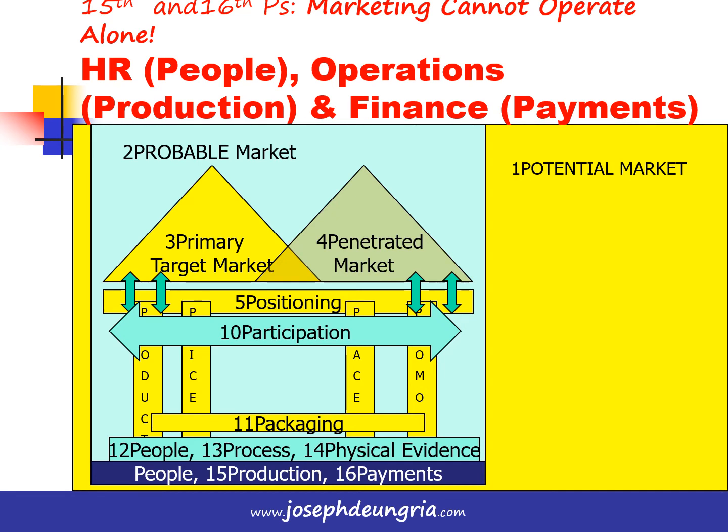Why? Production, operations will be in charge of the process, of recruiting the people, payments will pay for the communication, for the salaries, no? So they're also very important to support the marketing function.